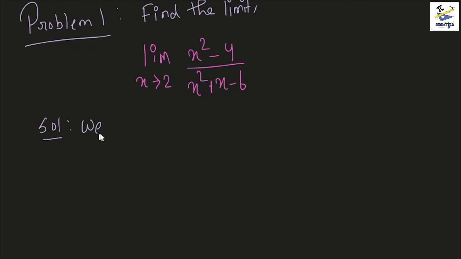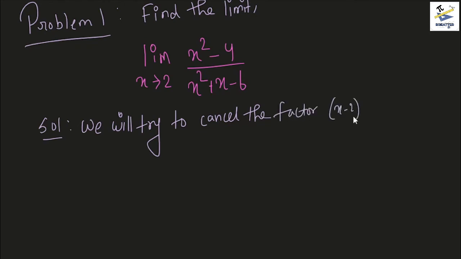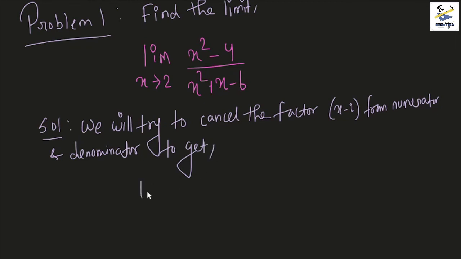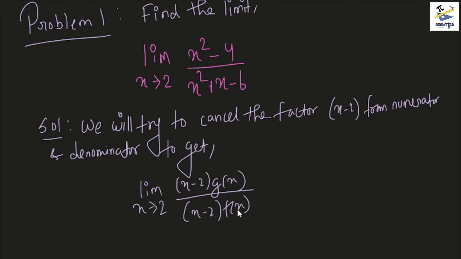So we will try to cancel the factor x minus 2 from numerator and denominator to get something like x minus 2 into some g(x), and here x minus 2 into some f(x). Okay, we are trying to get something like this, but how do we get that?